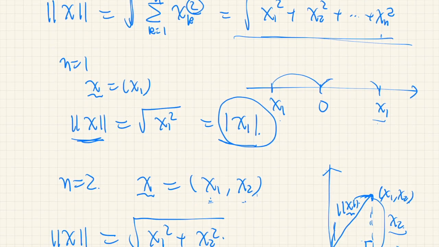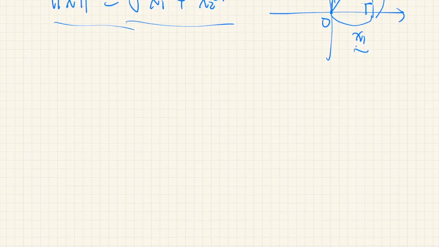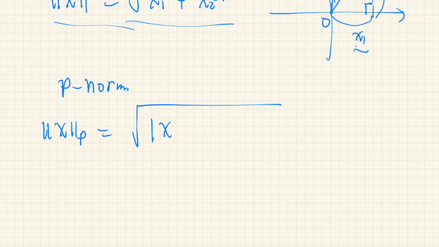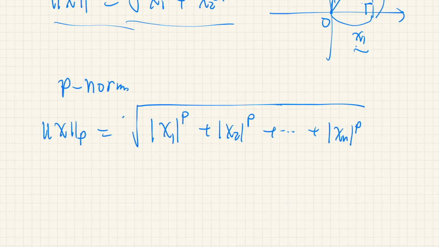Actually, more generally we can define the p-norm. We calculate the absolute value of x1 to the power of p, plus the absolute value of x2 to the power of p, and so on up to xn to the power of p, and take not the square root but the pth root.